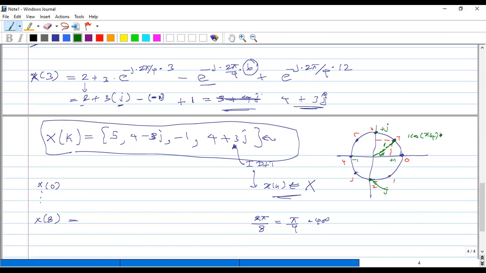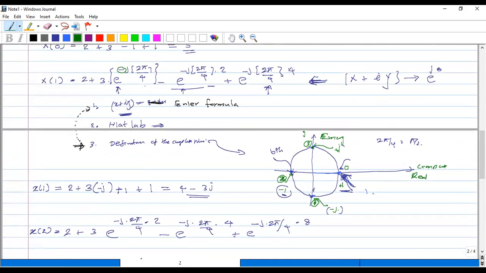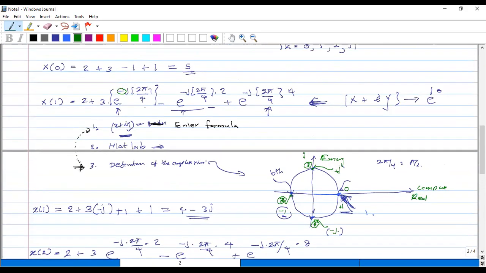And this y coordinate will be 1 sin 45. Likewise you can find this point, this point, and this point. So you have to find all the points, so you can find any value. So you will have this kind of one, but instead of 4 here, you will have 8.